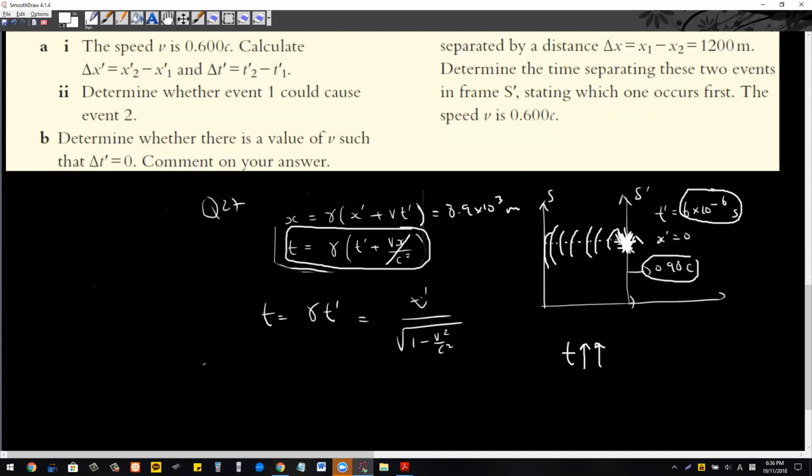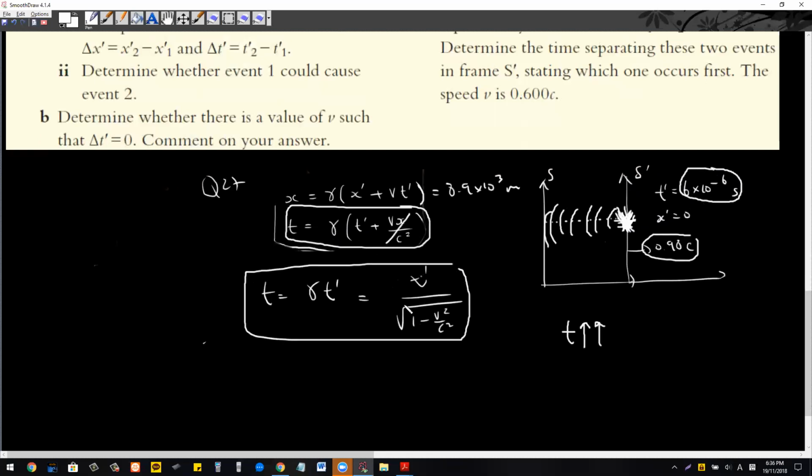And that means this exactly happened at that time. If you use that equation, that simply reduces down to time dilation. So if you plug that in, it'll be 6 times 10 to the power of -6 over root of 1 minus 0.98 squared. So it's more time, definitely.